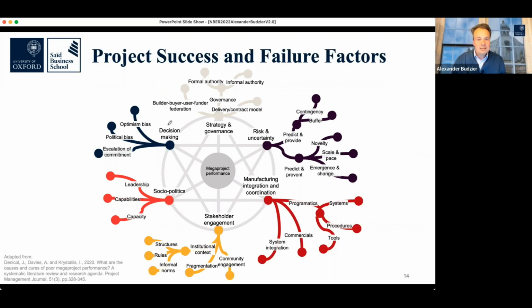This is my adaptation of a study from Giuliano Denicola at University College London, who has done a very systematic literature review on everything that we know about major large-scale construction projects and their successes and failures. This is kind of a systems of systems analysis. And as I just said, what our research shows is that a lot of it is about decision-making quality at entry.